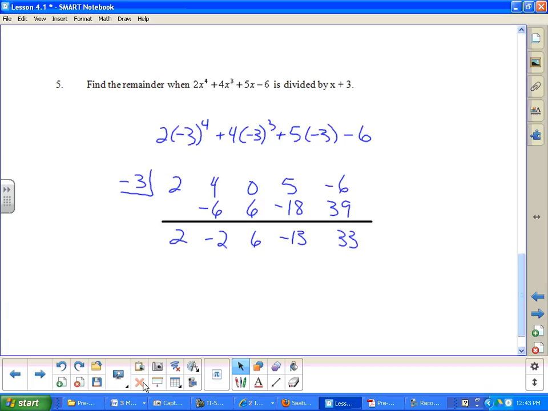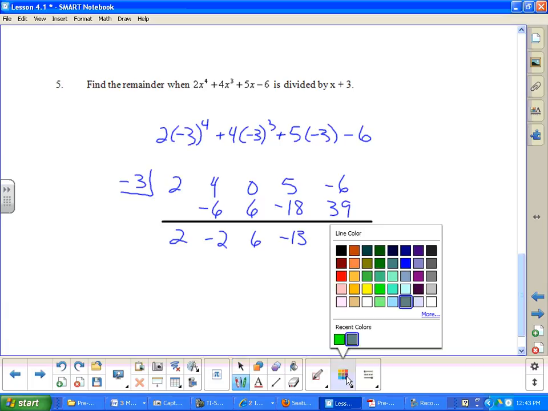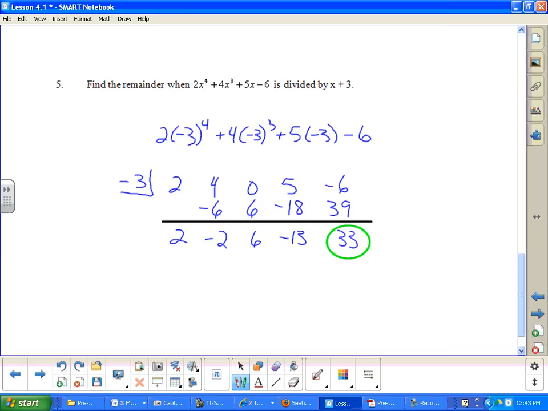Or I could use synthetic division, or synthetic substitution, it's called, when I'm just looking for the remainder. We would get $33. So you could use either method to find that answer. It's up to you.